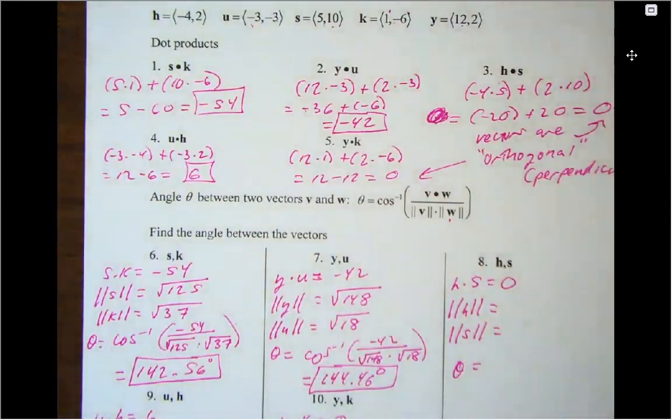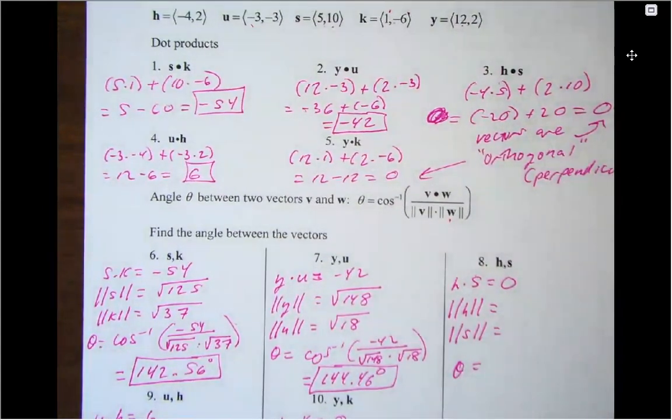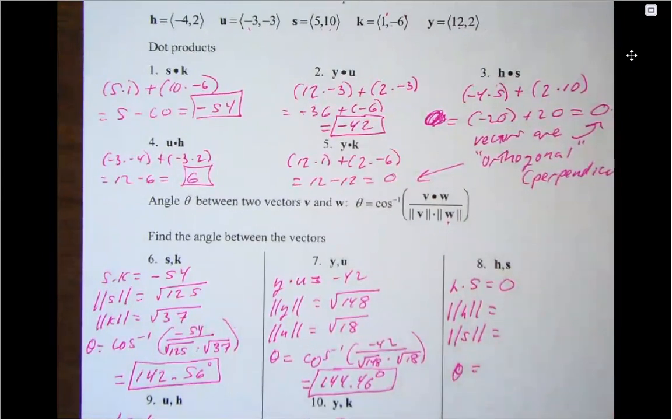If you remember what perpendicular means, number 8 and number 10 will take you about 10 seconds. Even if you don't remember, when you find 8, it's going to be the same thing as 10 because they have the same dot product.